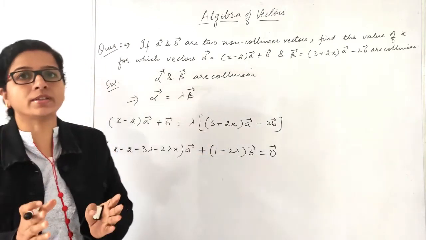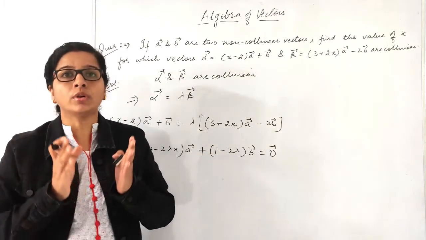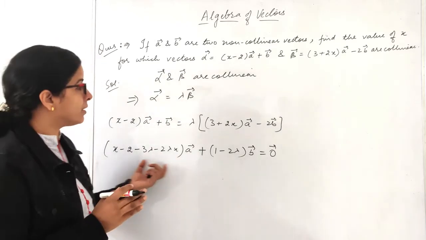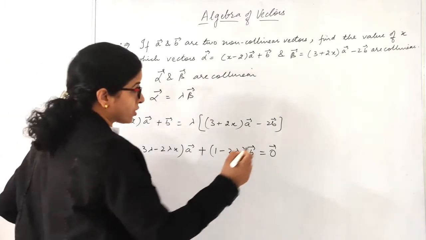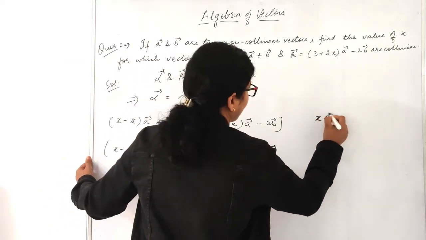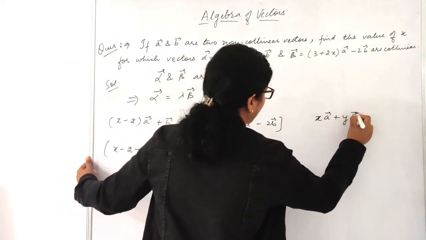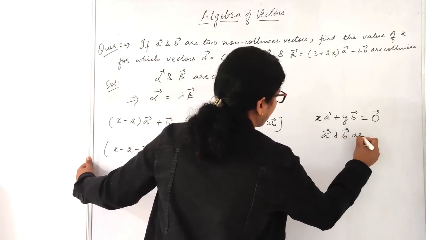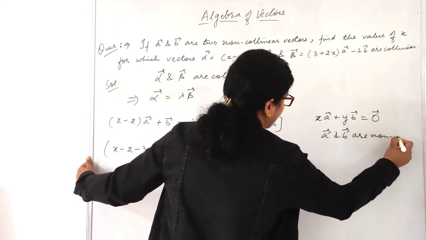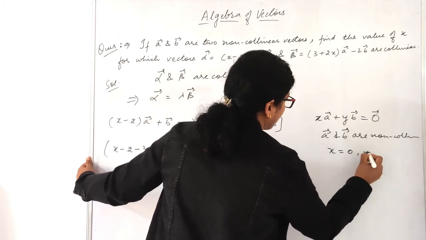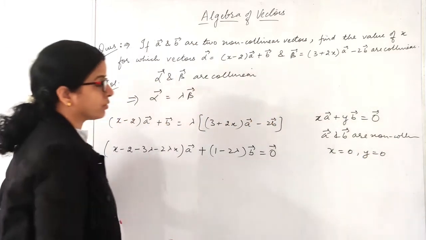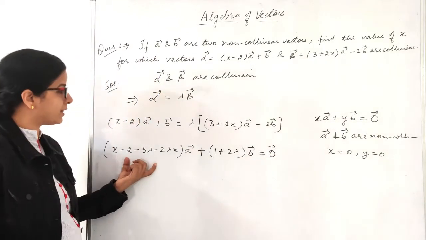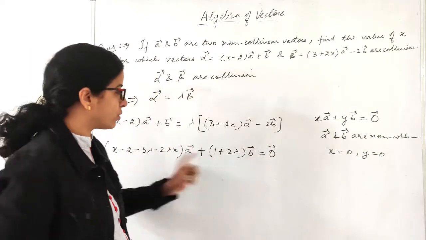Just now we studied that if two non-collinear vectors are written in a linear combination, where my A vector and B vector are non-collinear, then x will be equal to 0 and y will also be equal to 0. So using that theorem I can write each part separately as equal to 0, right?